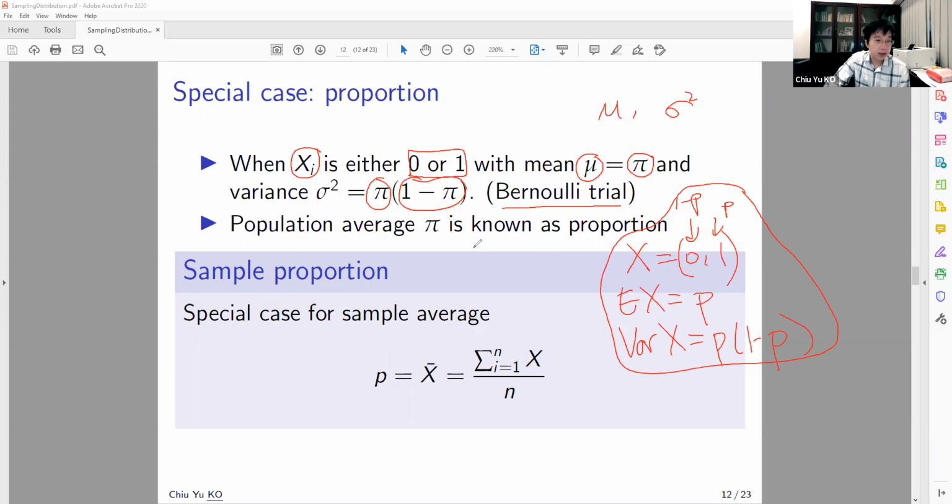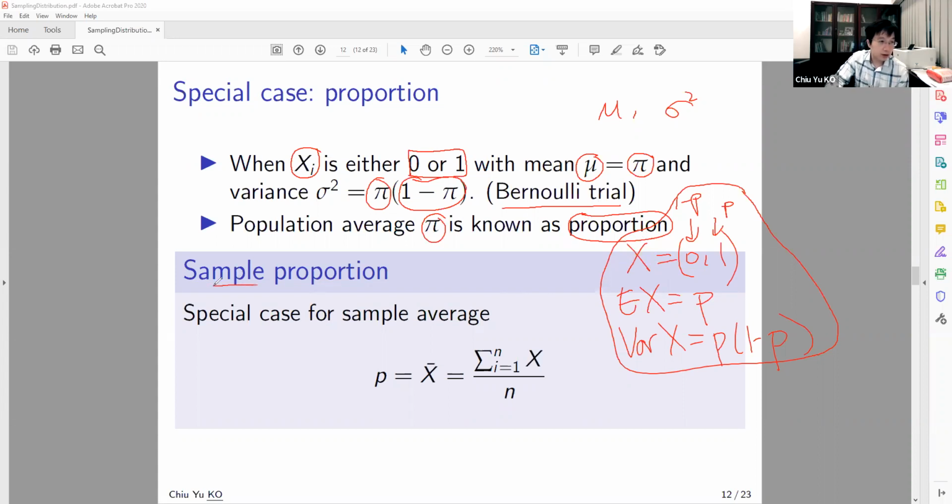And in this case, we will use pi to denote the population average, which we call the proportion, because the average of them turns out to be the percentage of them, okay?